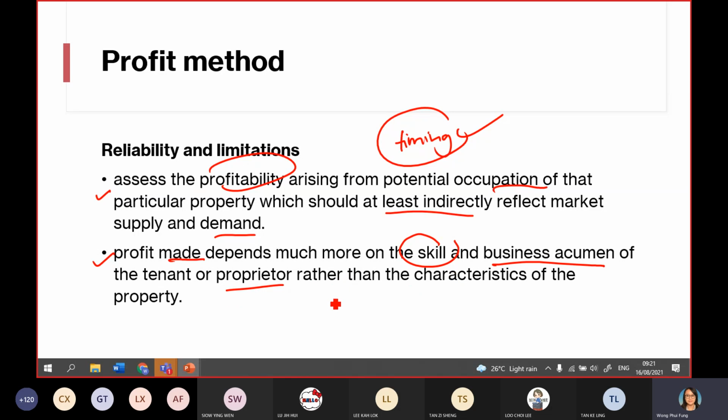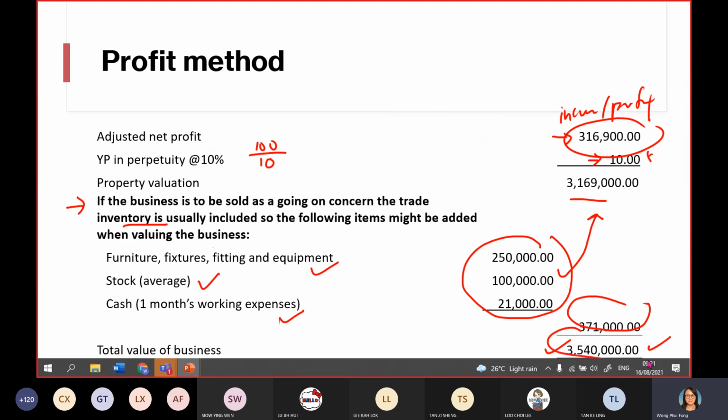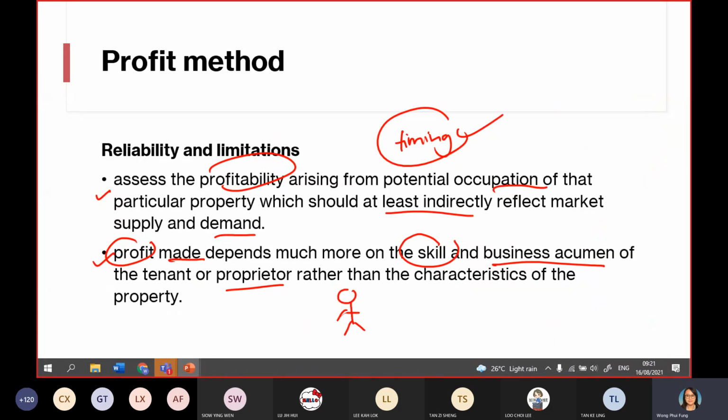Okay, how you make profit sometimes depends on the individual. Maybe the business is not so good, but because the owner is very smart, they know how to do business. They have management skill, so they can actually bring up the business. So although you calculate this value as your property value, let's say Jasper takes over. Jasper does not have experience in doing any business.